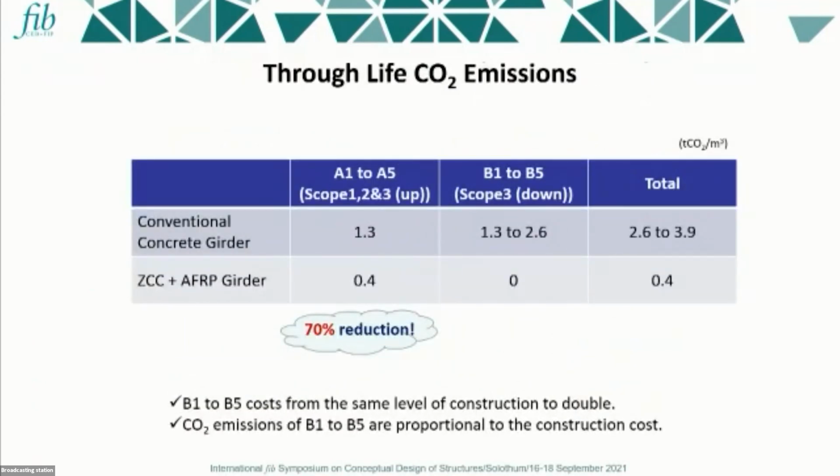So this is the result. A1 to A5, the conventional concrete girder, the CO2 emission is 1.3 ton CO2 per cubic meter. And at the same time, zero cement concrete and aramid fiber is 0.4, which means 70% reduction.